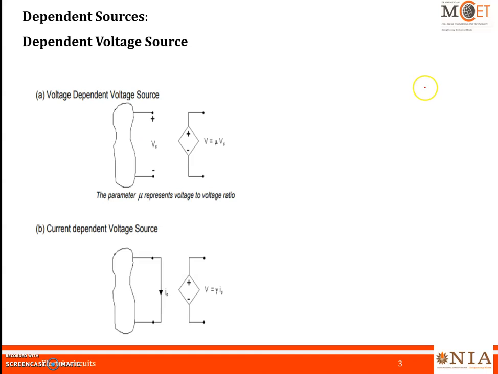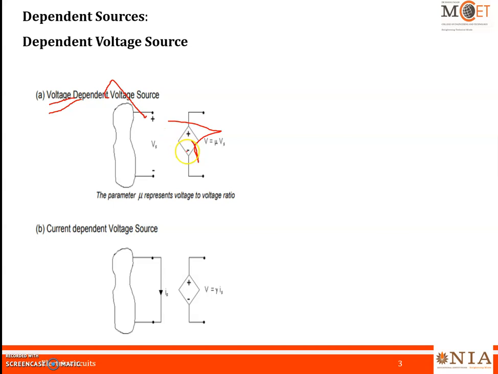In the dependent sources, with respect to the voltage source, see here, voltage dependent, or otherwise we can call it a voltage controlled voltage source. That means the source is a voltage source, but it is controlled by the voltage of some element in the circuit. The dependent sources are always represented with the diamond symbol.